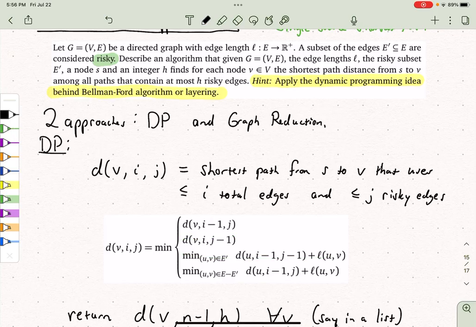In fact, to compute the base case, which is d of v, n minus 1, 0, or in fact any i, the base case is when h is 0, we actually compute this using Bellman-Ford, because this is exactly d of at most i of v.